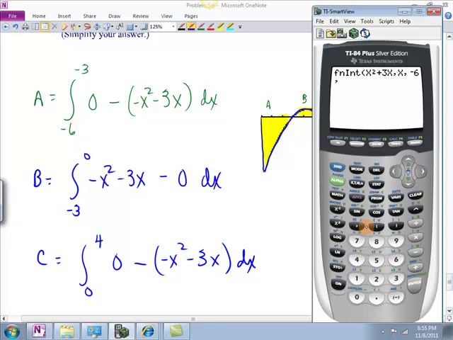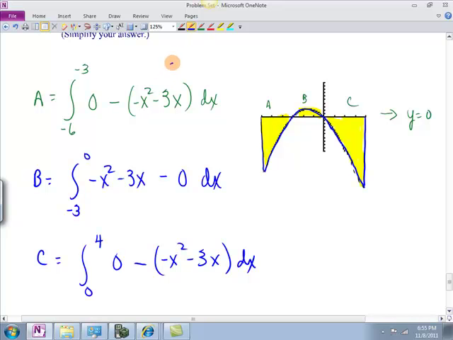Comma, upper limit, -3, and then close, and hit enter. You get 22.5. Did you guys get that? Okay, so in blue, I'm going to put the value of that. So that's what I get for that one.